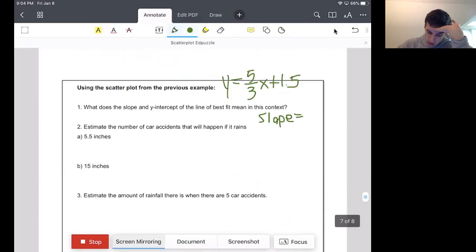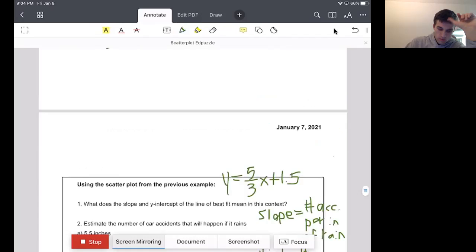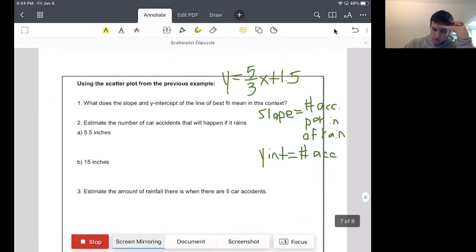So the slope is telling me the number of accidents per inch of rain. Meanwhile, the y-intercept is telling me how many accidents there are when there are 0 inches of rain. So the number of accidents when it doesn't rain.